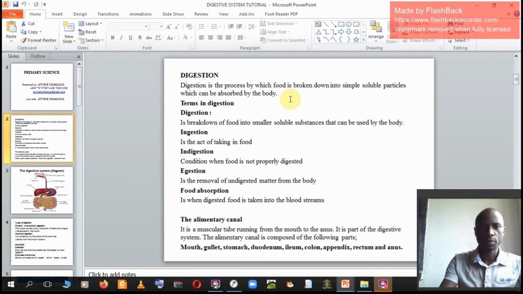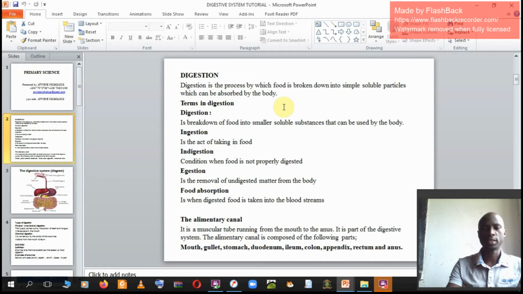We are starting with digestion, and we are looking at digestion as a process. It is a process by which food is broken down into simple soluble particles which can be absorbed by the body.